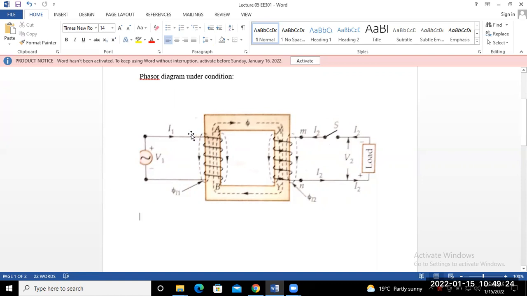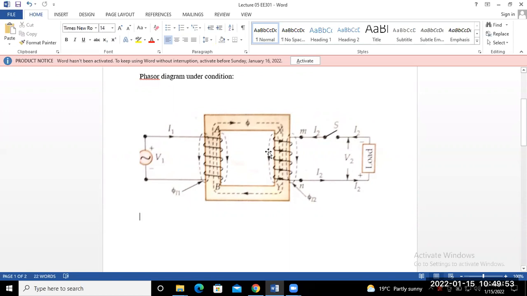Okay, so we already discussed how the AC supply is given to the primary coil, and this is the primary current drawn from the supply. This flux path flows through the core of the transformer, and EMF will be induced in the primary coil, represented by E1, and in the secondary coil, E2.